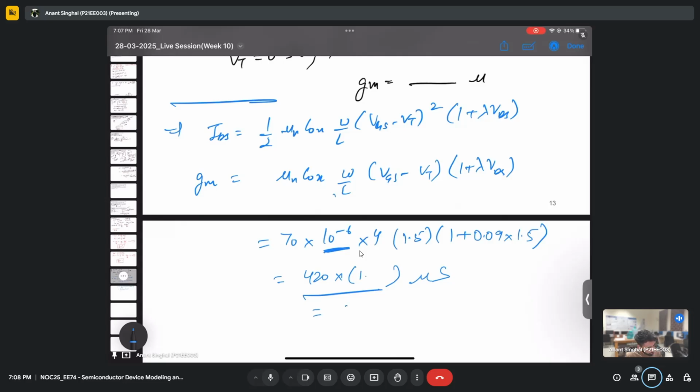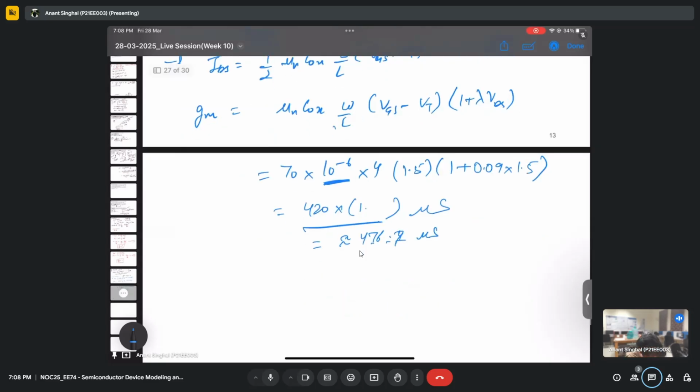So it will come out to be approximately 400 something microsiemens, I guess. I hope it is correct. 476.4. Oh, 476.7. Yeah. Something like that.